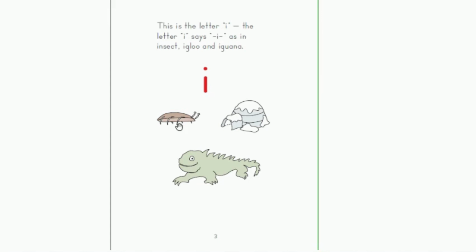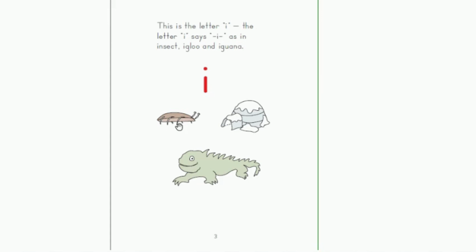I says E. Can you hear the first sound? E. Insect, igloo, iguana. So I says E as in insect, I says E as in igloo, I says E as in iguana.